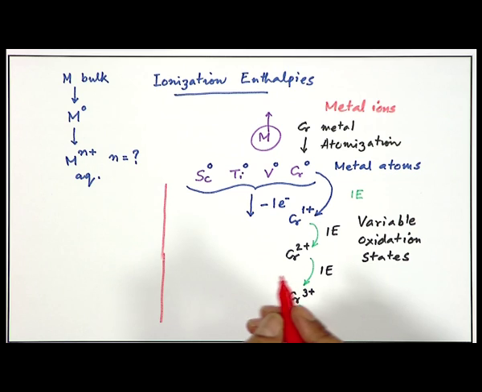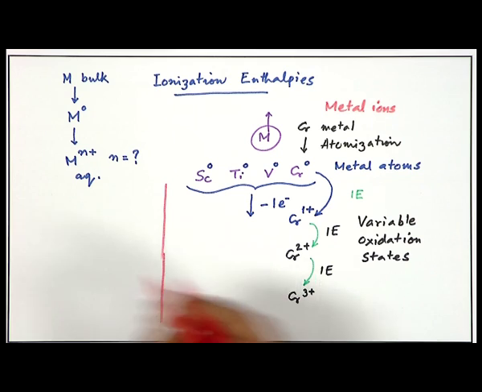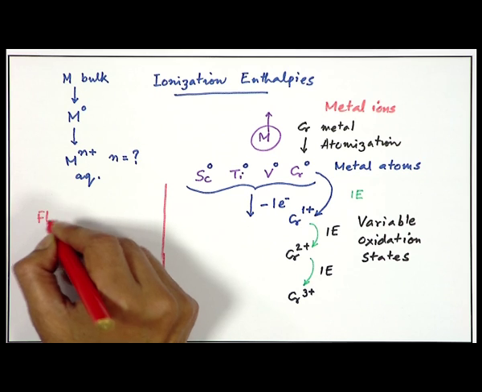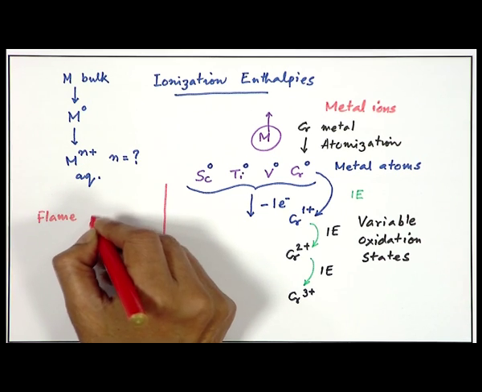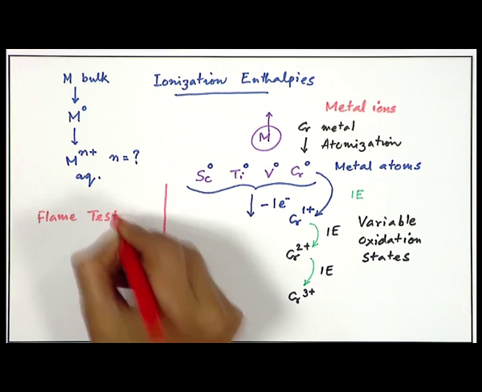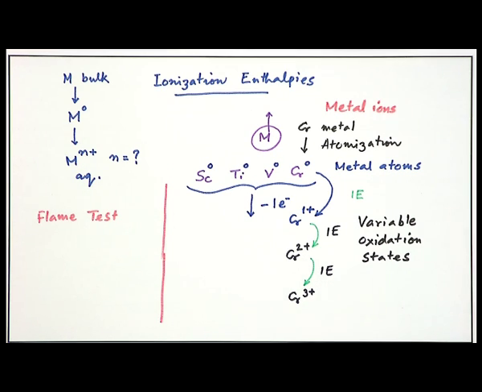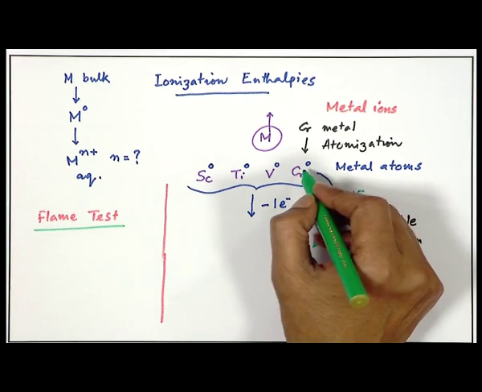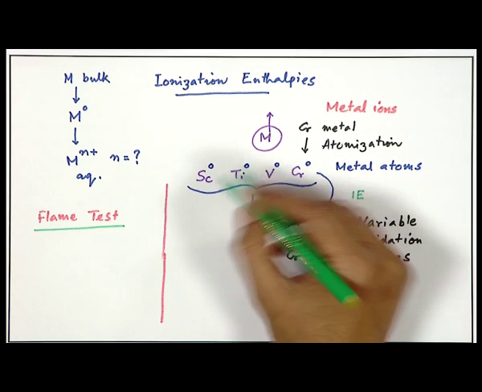at some point of time, something very much related to experimental, laboratory inorganic chemistry, which is our flame test. The flame test depends on testing for the corresponding metal atoms.